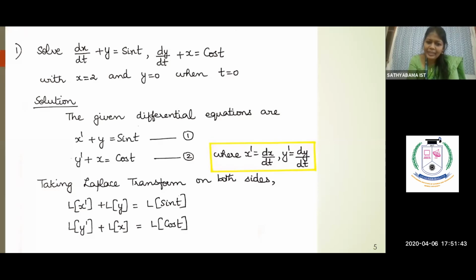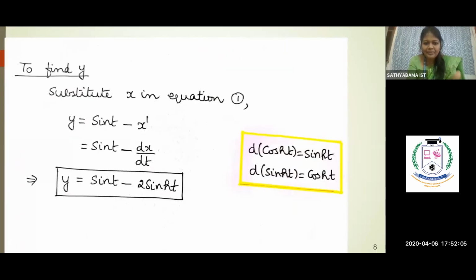I will not take equation 2 because equation 2 will give me only y dash. I want y. So which equation gives you y directly? Equation 1. So we're going to substitute x in equation 1 to find y. So from equation 1, what is y? y is sine t minus x dash, isn't it? So this is the last step. To find y, I'm going to substitute x in equation 1.